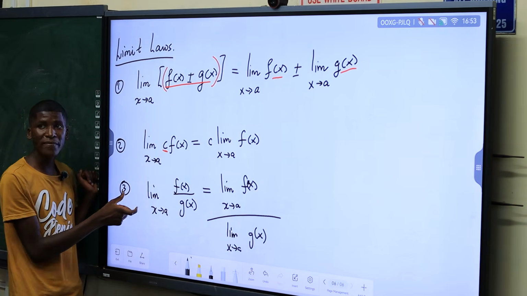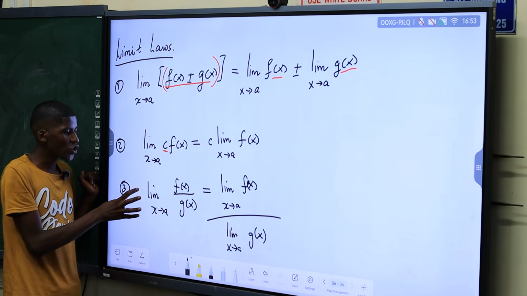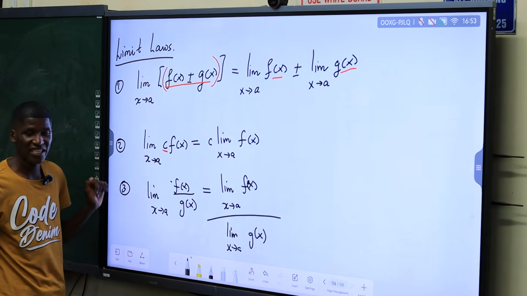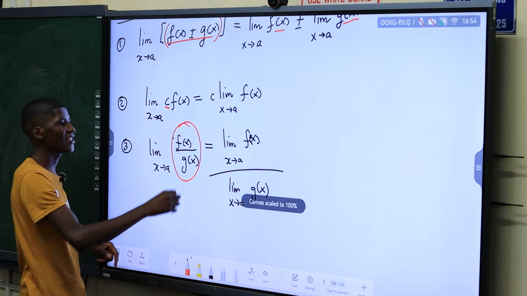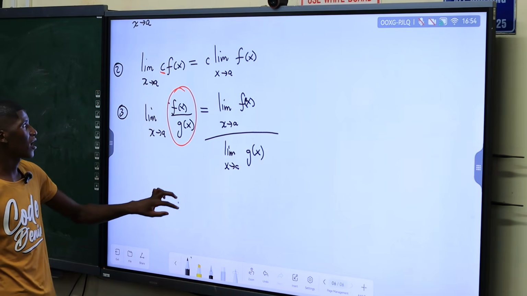So if you have a limit of a quotient, it's the same thing as a quotient of the limits. You can apply a limit to f of x over a limit to g of x to find the limit of the overall function, which is the rational function.